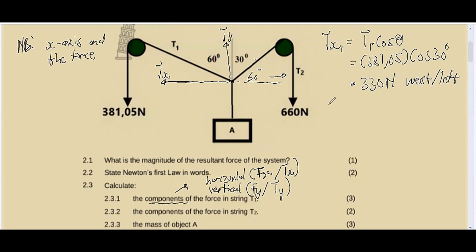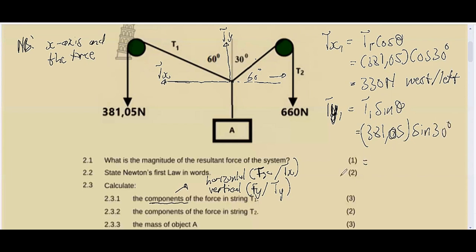Then the Tx, now to calculate Ty of 1, I'm just going to go ahead and say T1 sine theta. Now we are calculating the vertical component. So what is my T1? Again, I substitute 381.05, and then sine 30 degrees.